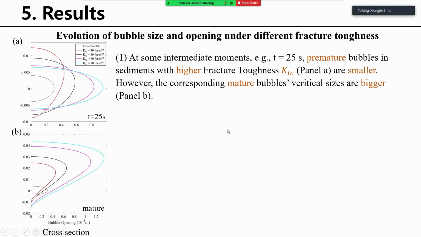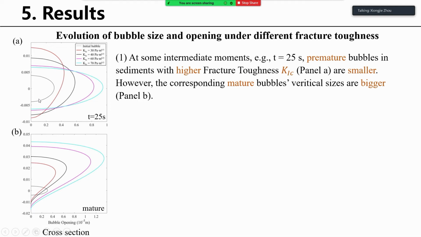This is the evolution of bubble size and opening under different fracture toughness. At some intermediate moment, premature bulbs in sediment with higher fracture toughness are smaller, as we can see here.